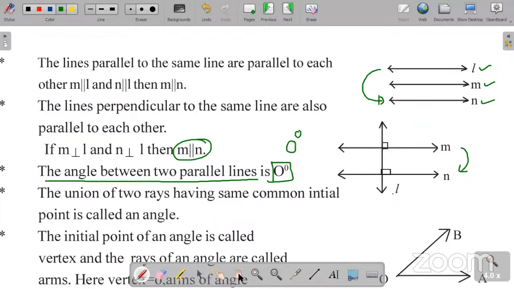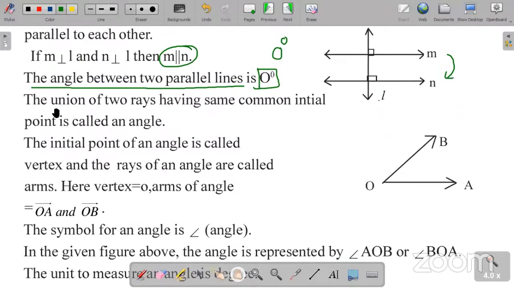What is an angle? This is a very important point. The union of two rays having the same common initial point is called an angle. For example, this is the initial point. OA is a ray. Clear? OB is also a ray. This O is the initial point, common to both the rays. So the union of two rays is called an angle.